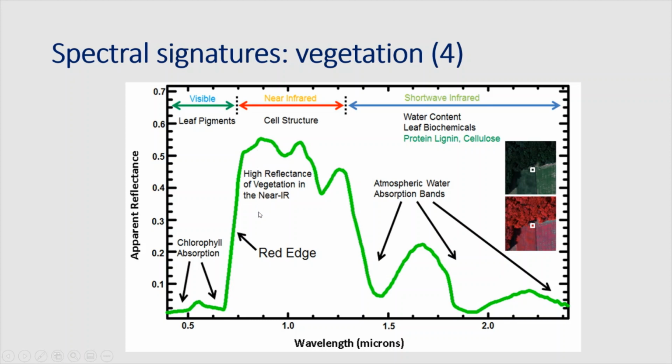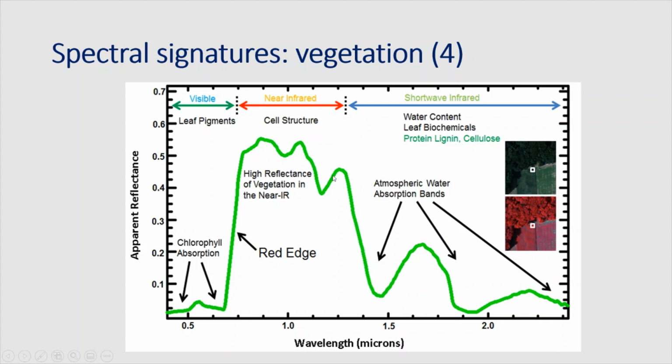Then you see this is the red edge, when we are passing just in the middle of red and near infrared to a very high reflectivity, and this high reflectance of vegetation in the near infrared is due to the cell structure.